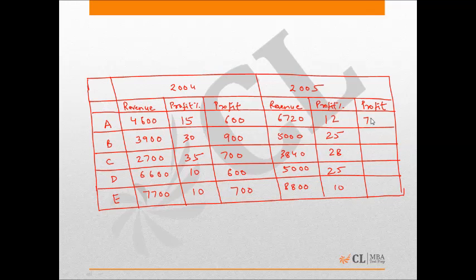The profit is 720, 1000, 840, 1800. Now using this table and the data given, we can understand that A is Dixon's and D is Eletropolo.